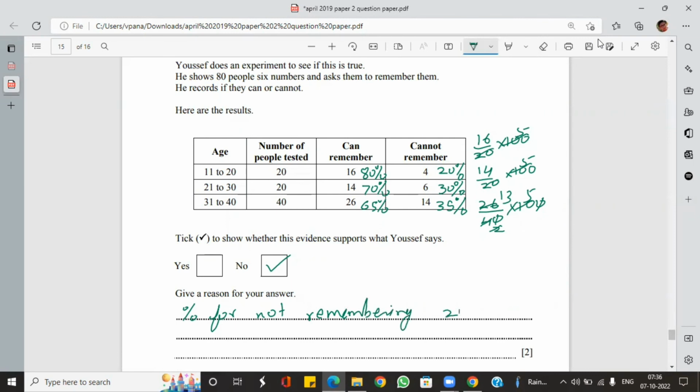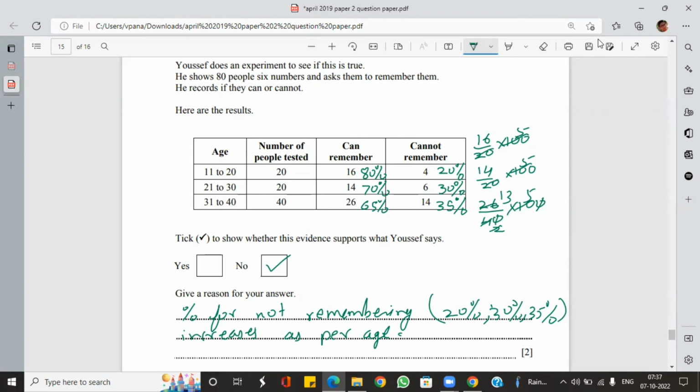It goes from 20%, then 30%, then 35%. That is, as age is increasing, the percentage of not remembering increases. So this is how we have ticked here.